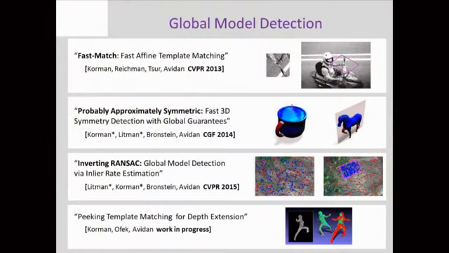And now, this is I think the main line of my works. You could put them under this frame of global model detection. So these are 4 different problems. I'll just go through them quickly. The first one is about template matching under affine transformations. The second one is about finding global rigid symmetries of 3D shapes.